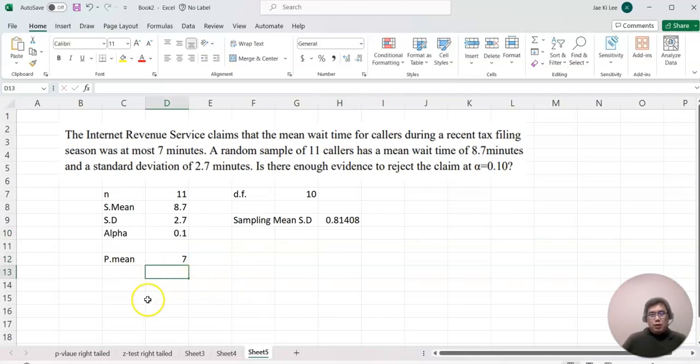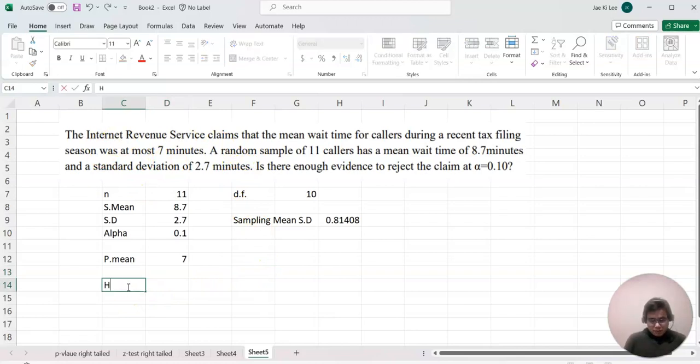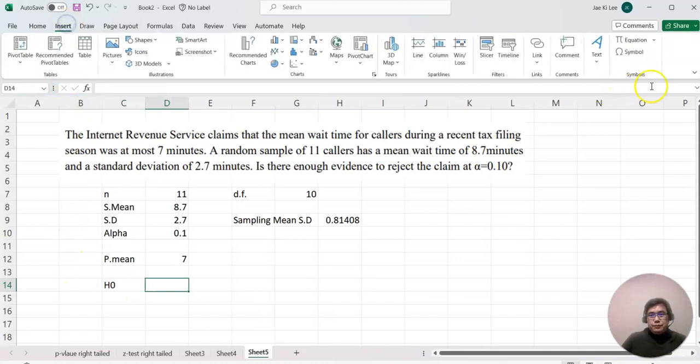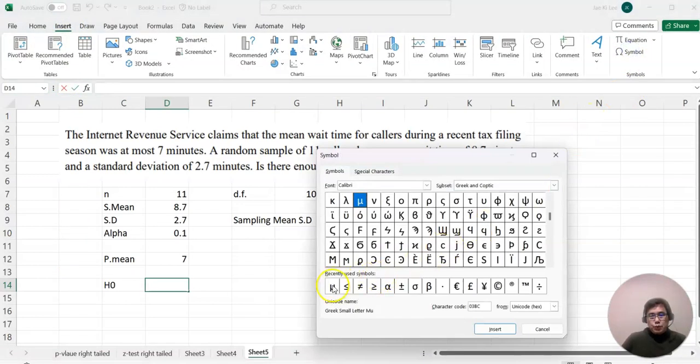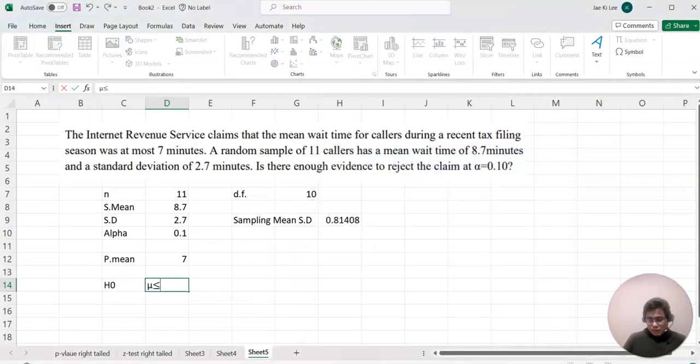Okay, now let's set up the hypotheses. It says at most 7 minutes. At most means less than or equal to, which means 7 must be the maximum value here, so it belongs to H0. So H0: mu is less than or equal to 7 minutes.